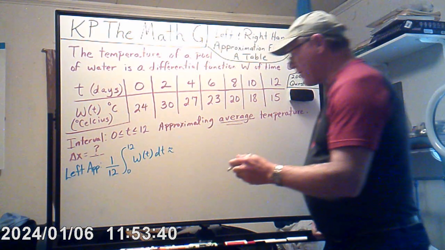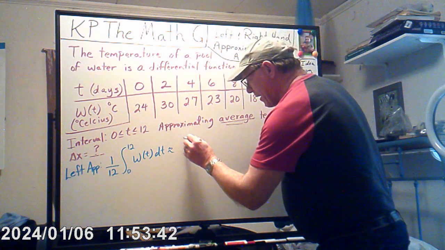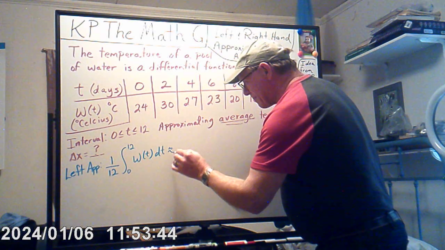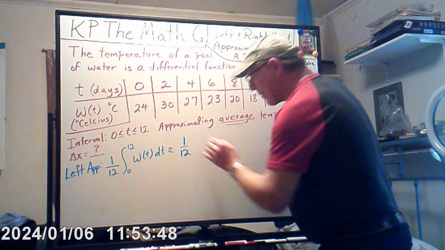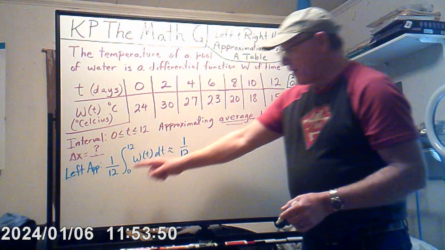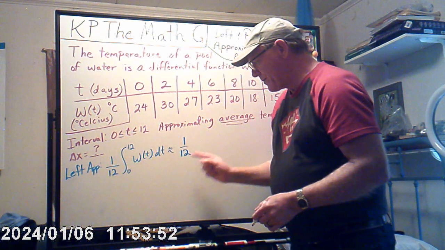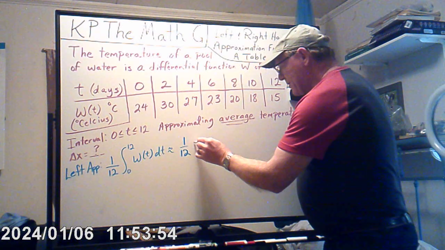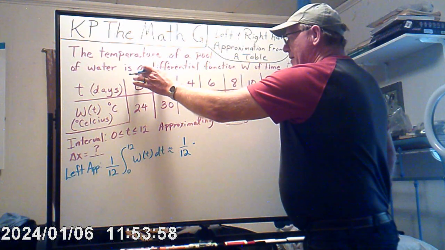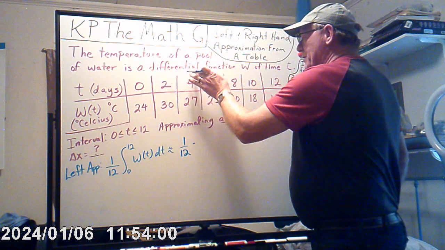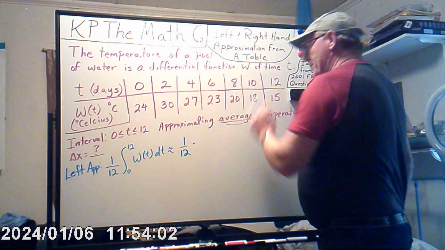To do a left approximation, we are going to look at 1 over 12. That's from 0 to 12, times delta x. Well, that's in even intervals of 2, 4, 6, 8, 10, 12.